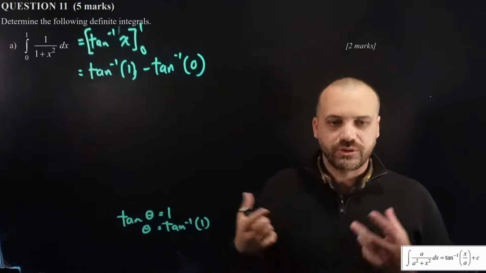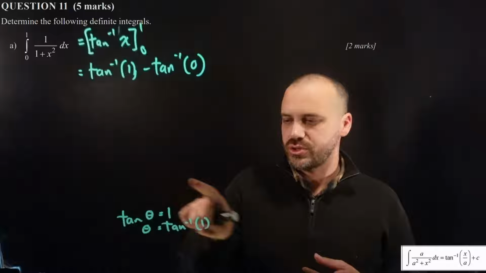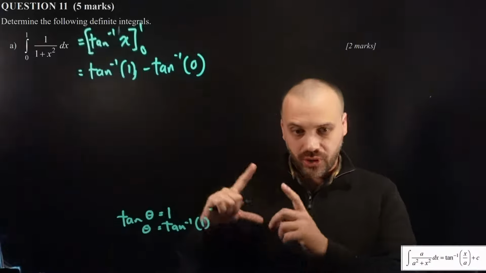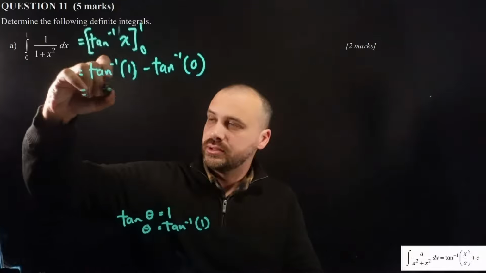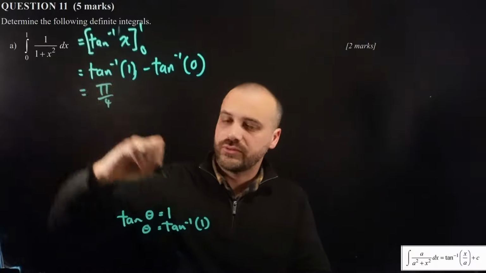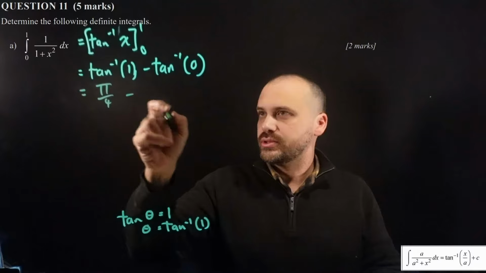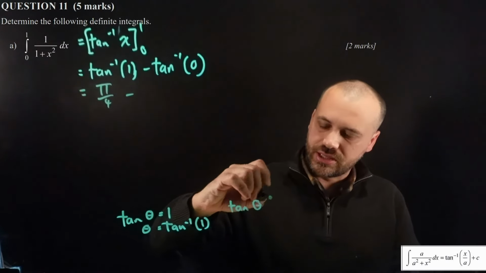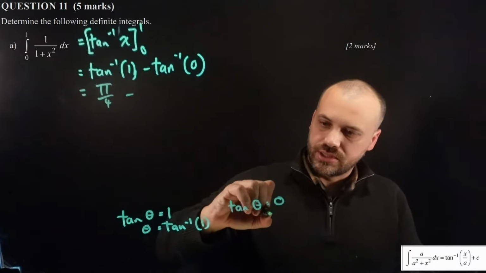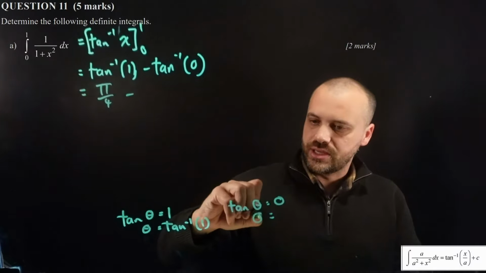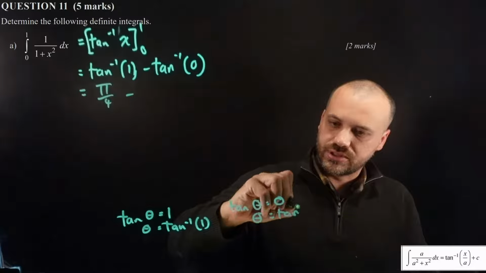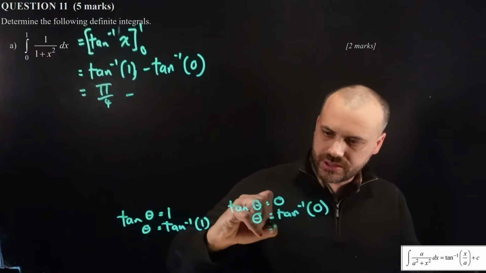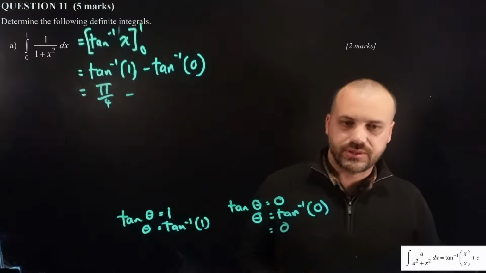That's what we're driving at here, and you should be used to solving equations like this. The angle here is pi on 4. And then tan 0, that's the same idea. Tan theta equals 0, so theta equals inverse tan 0. And you should know that this has an answer of 0.